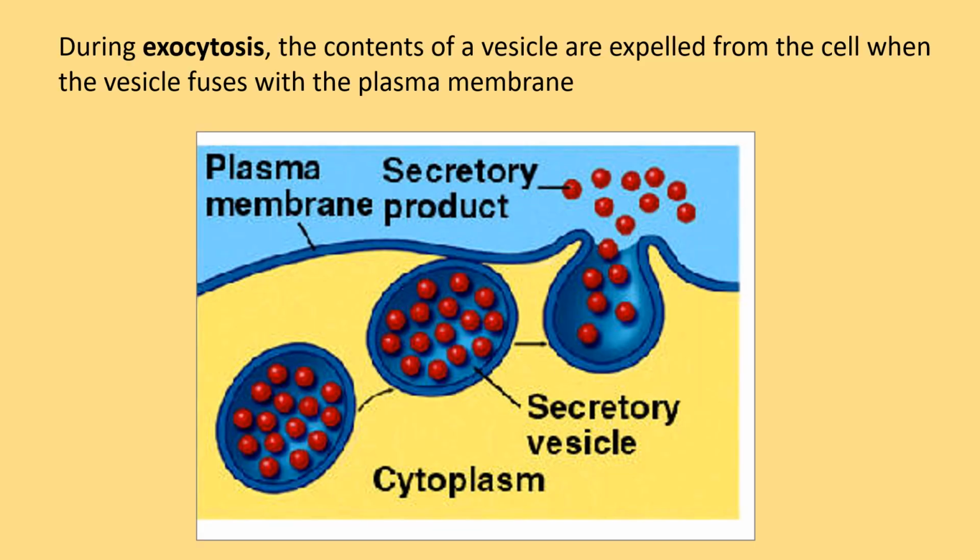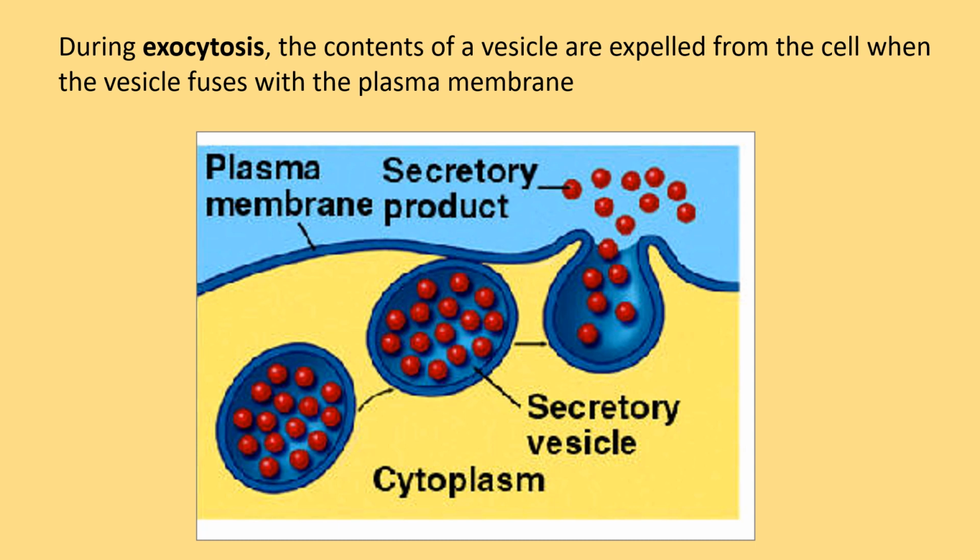And then exocytosis is the opposite of endocytosis. Exocytosis is a cell's way of expelling material, and it is usually reserved for larger substances like proteins.